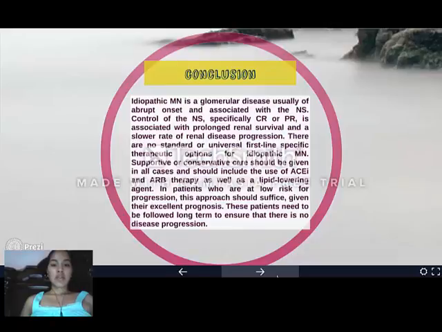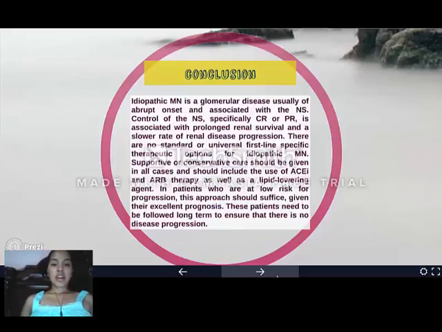Supportive and conservative care should be given in all cases and should include the use of ACEI and ARB therapy as well as lipid lowering.